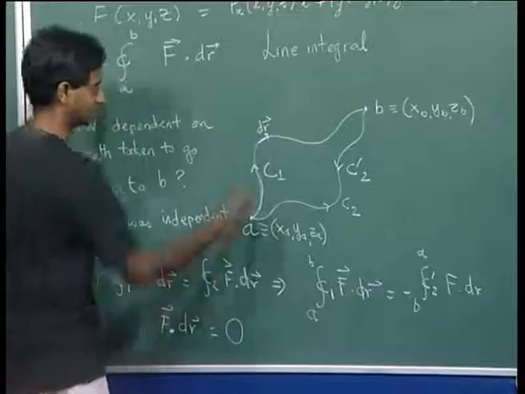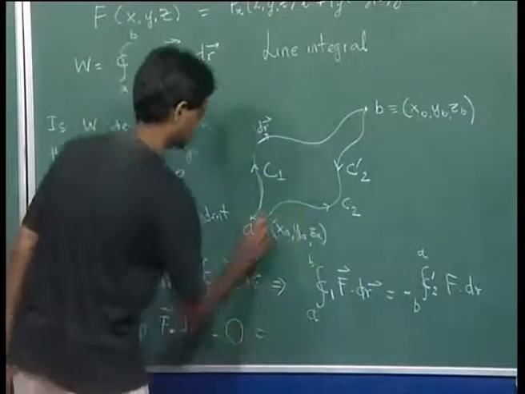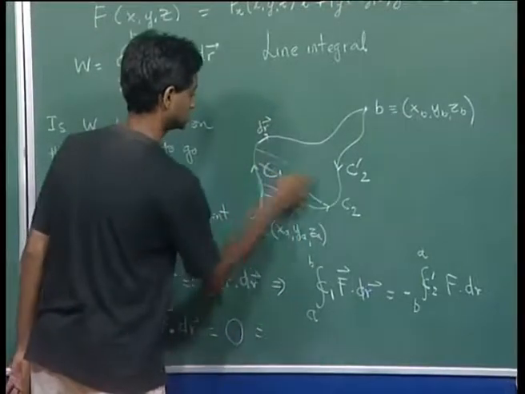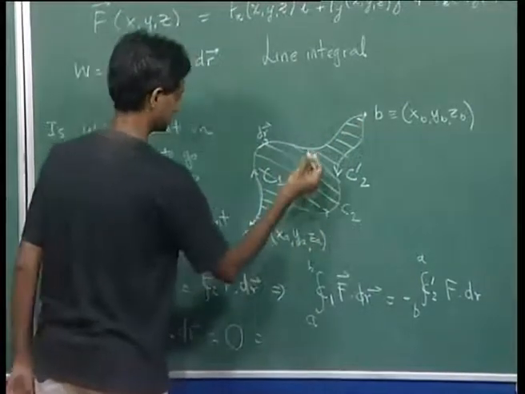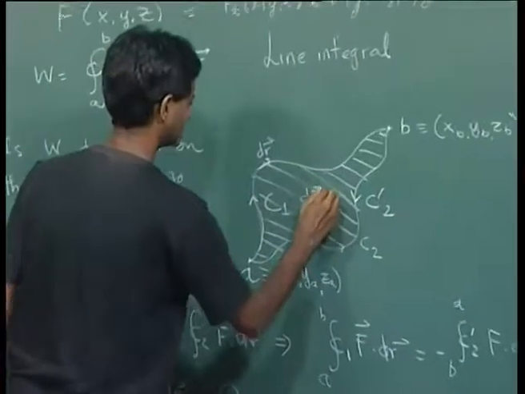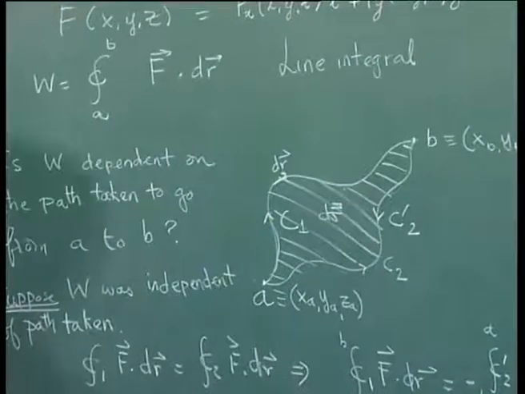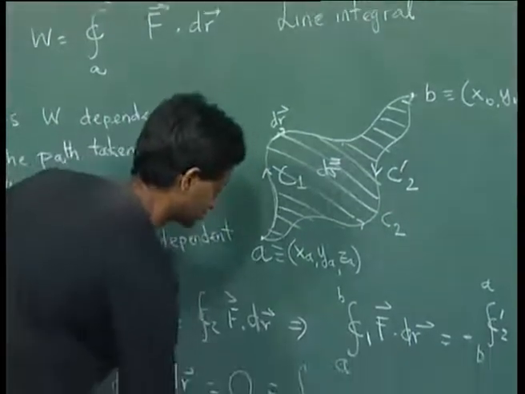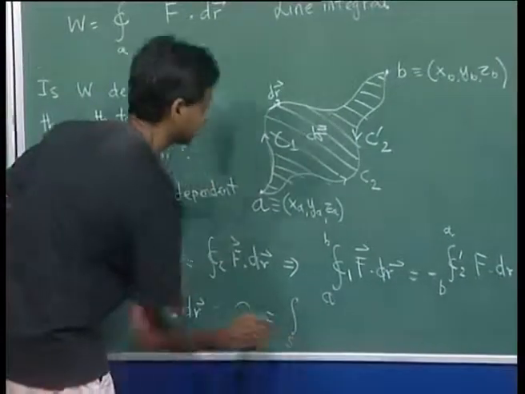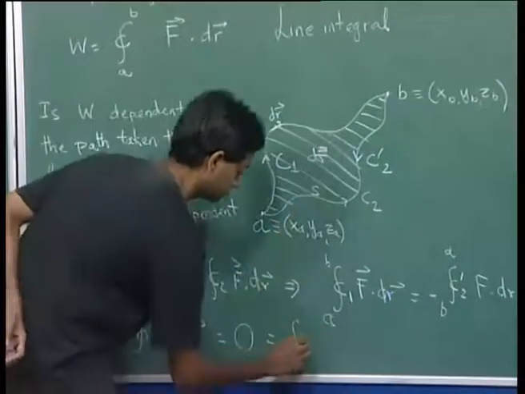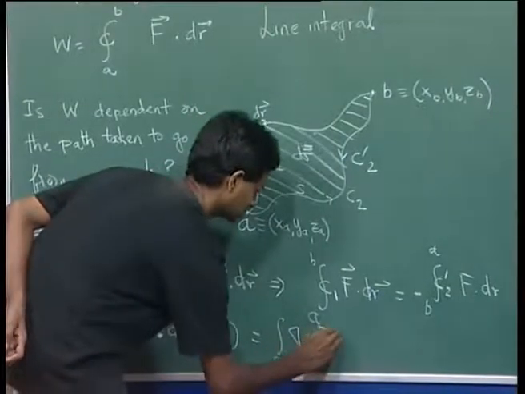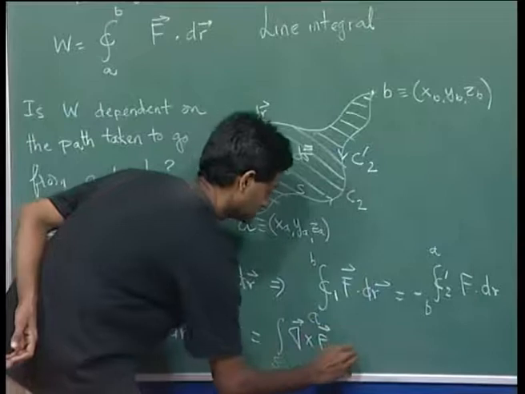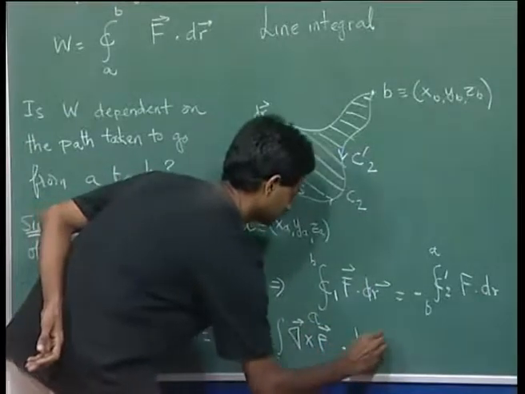Now since this is true for an arbitrary closed path, we can use Stokes theorem to say that this closed integral is equal to, if you take a path that encloses a surface d sigma, the integral over the surface S of del cross f dotted into d sigma.